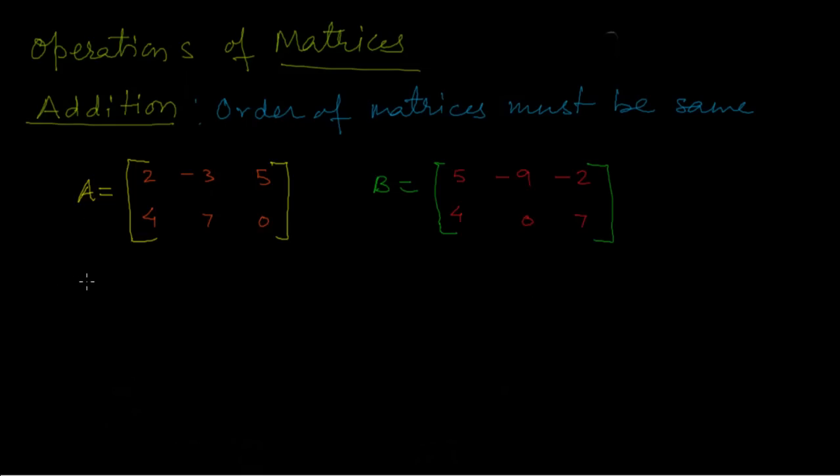So we see matrix A plus matrix B. What we have to do here is add the corresponding elements, the first element with the first element. 2 plus 5, then -3 plus -9, and 5 plus -2.